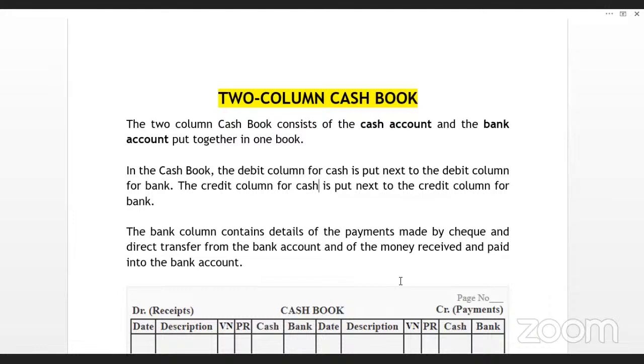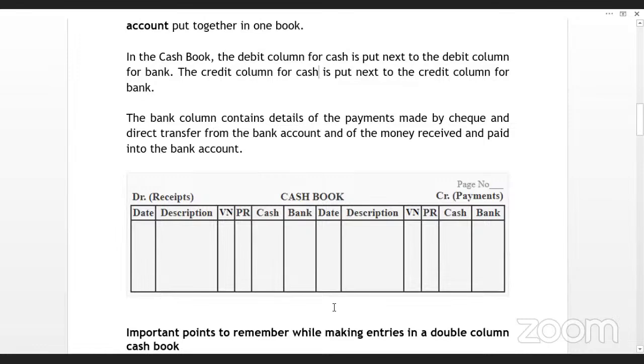That is the bank column of this cash book. We have an illustration here of how a two-column cash book looks. That is its format.